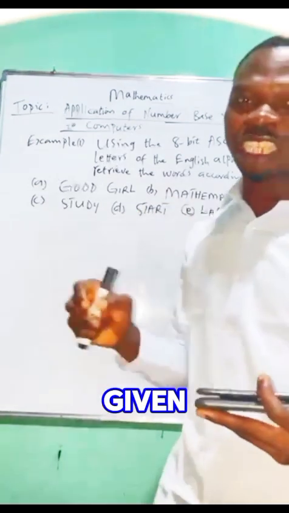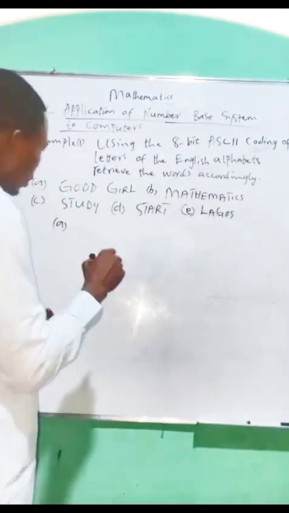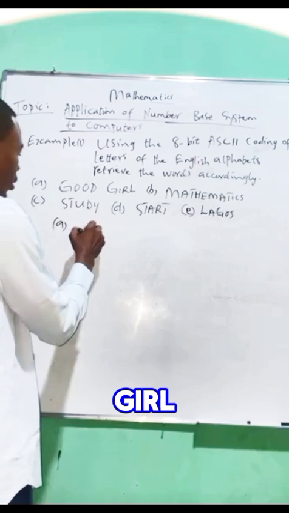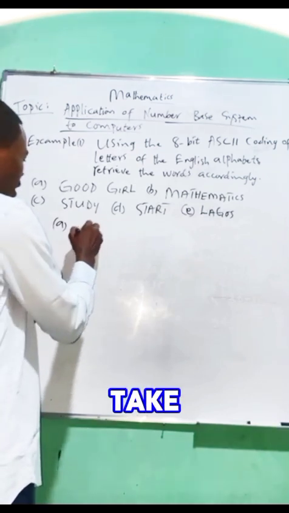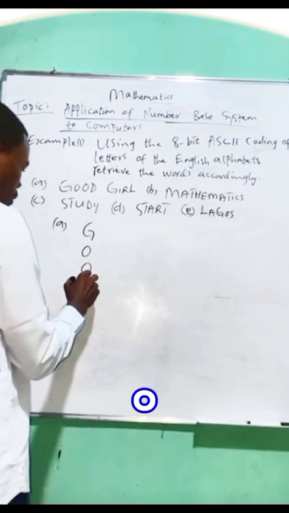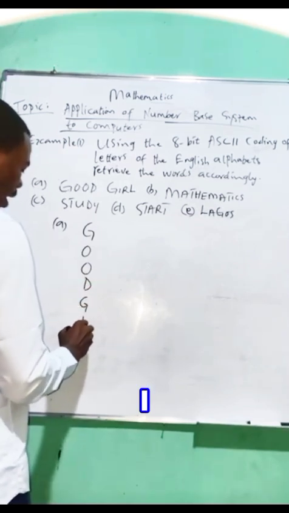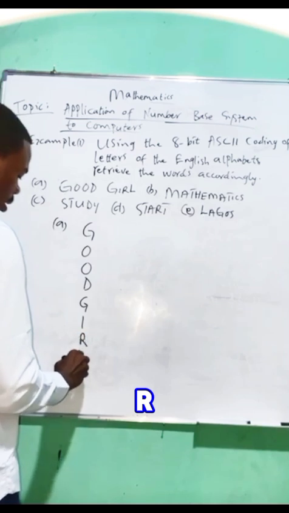So any word that is given, we use the table to retrieve it. So let us look at question number 1A. I'm going to write good girl, taking the letters like this: GOODGIRL.